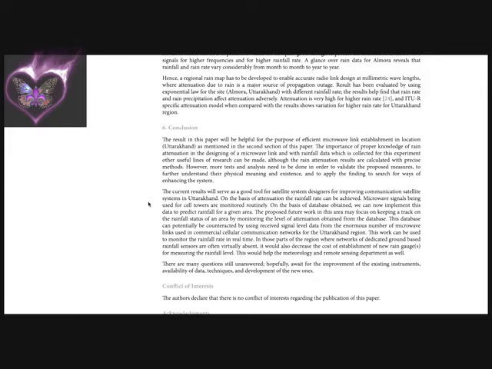This work can be used to monitor the rainfall rate in real time, to monitor those parts of the region where networks of dedicated ground-based rainfall sensors are often virtually absent. It would also decrease the cost of establishing new rain gauges for measuring the rainfall level. This would help the meteorology and remote sensing department as well. There are many questions still unanswered.